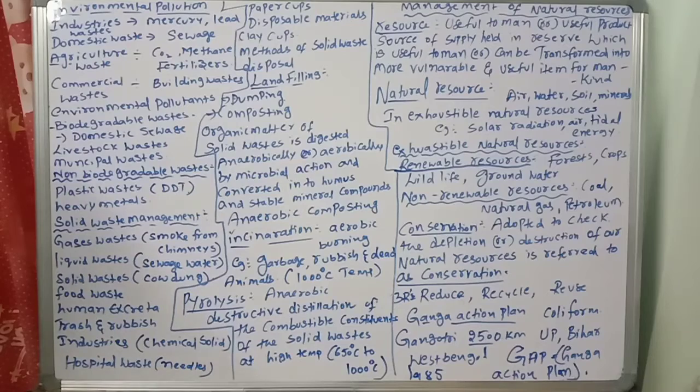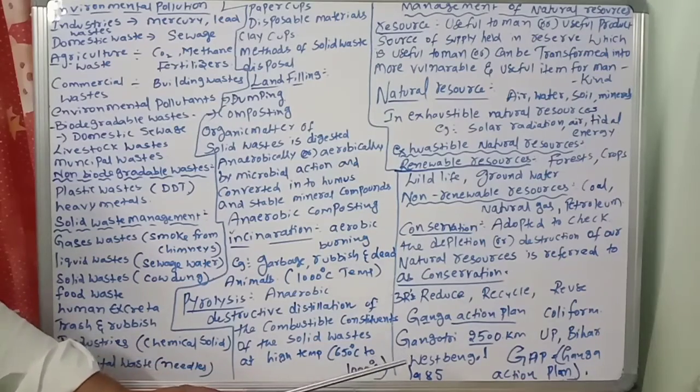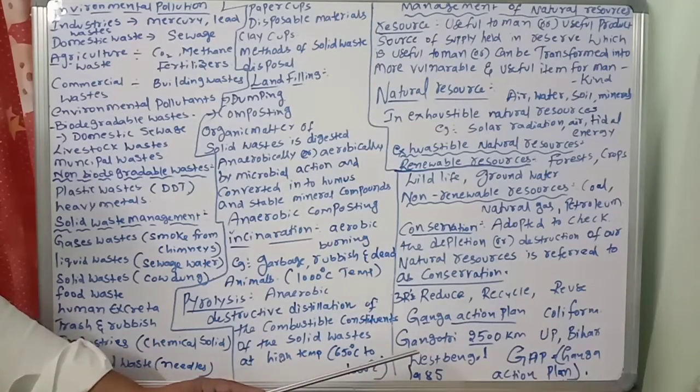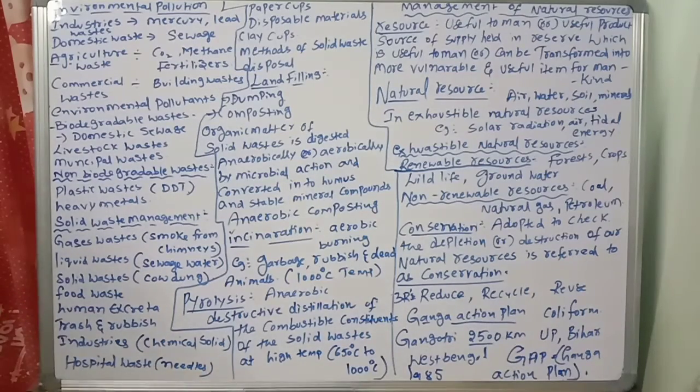So what is the Ganga Action Plan? More sewage water treatment plants, effluent treatment plants, electric crematoria for dead bodies, development of ghats for interception, and construction of community toilets. When we do all these things, we can control the pollution of the Ganga river.